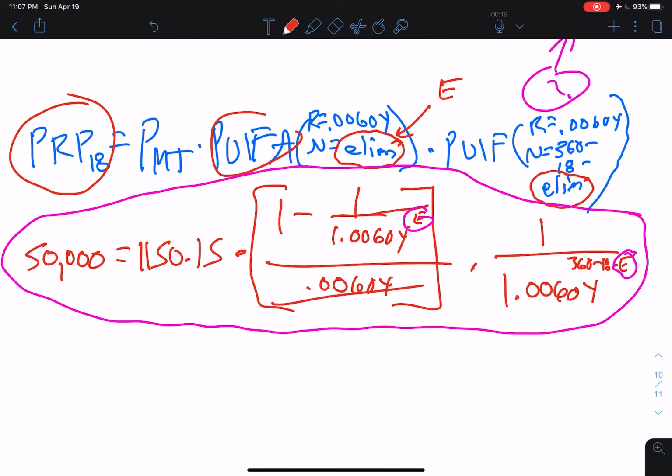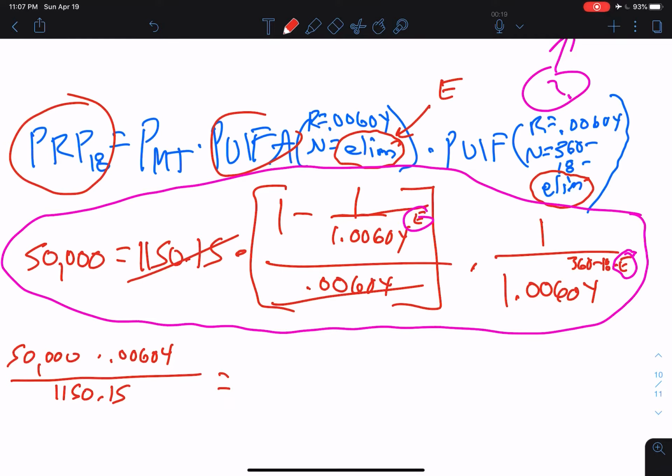That'll get rid of that. And at the same time, let's divide both sides of the equation by 1150.15. So that means over here I'm going to have 50,000 times 0.00604 divided by 1150.15.